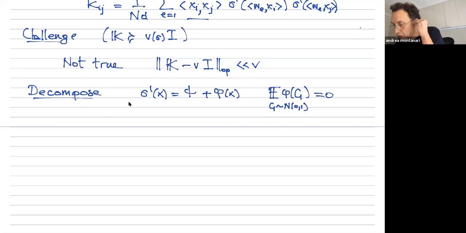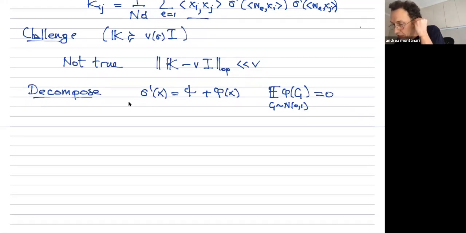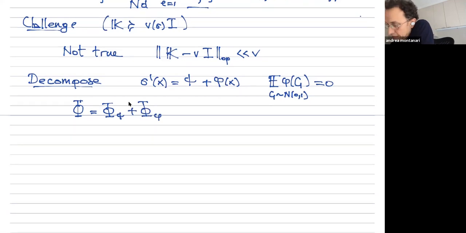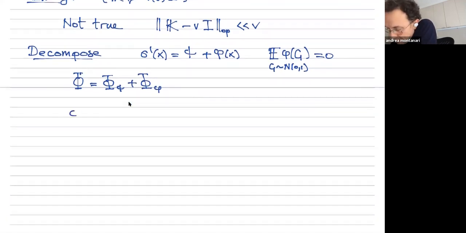Accordingly, you can decompose the matrix phi as phi psi plus phi phi.